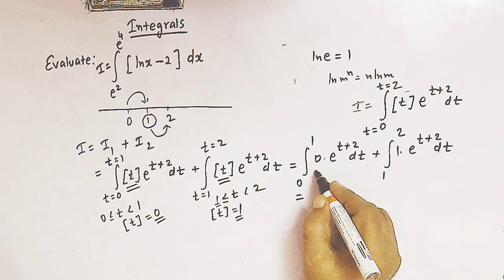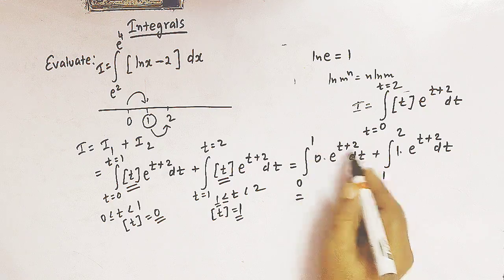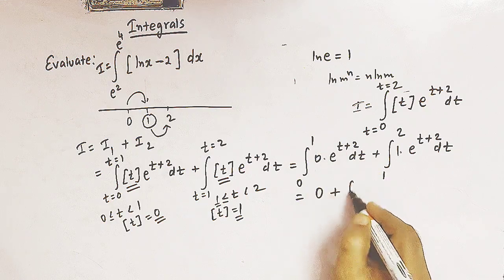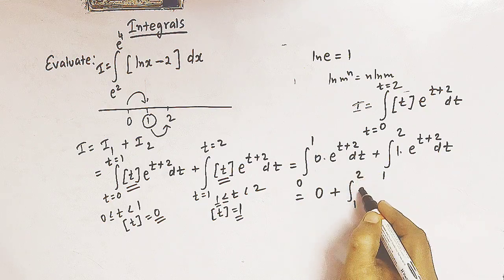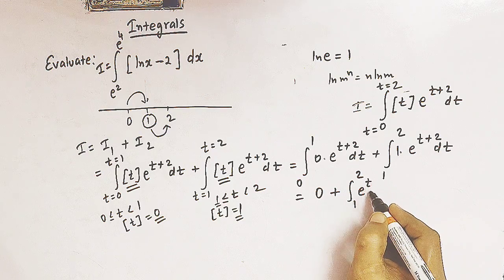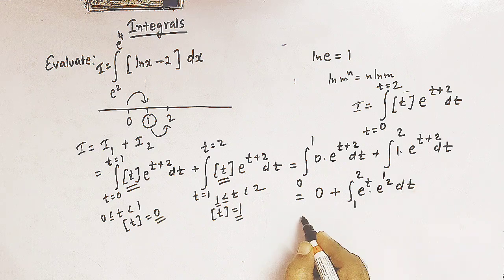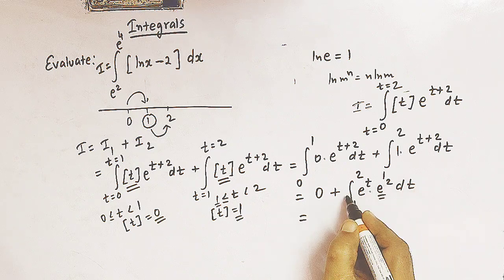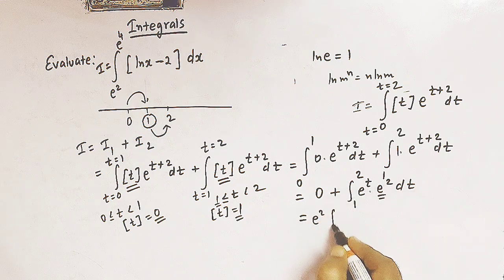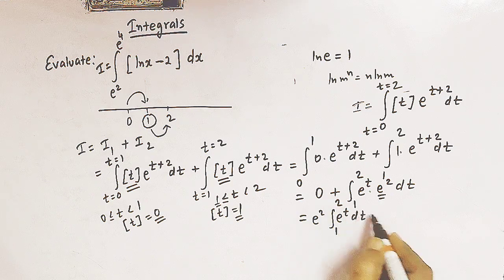So now this integral here vanishes, the value of this integral is 0, and here we have 1 to 2, and e raised to t plus 2 can be written as e raised to t and e square, and here we have dt. Taking e square outside the integral, we have 1 to 2 e raised to t dt.